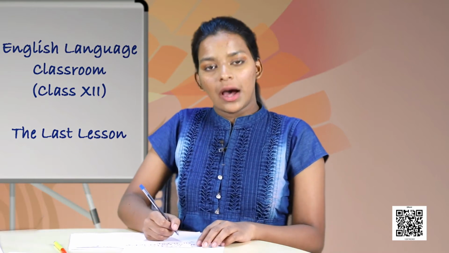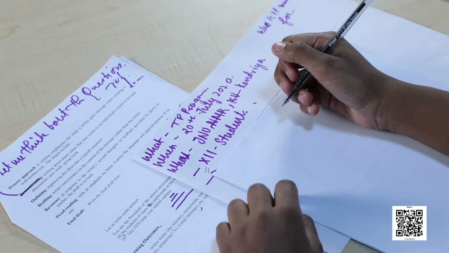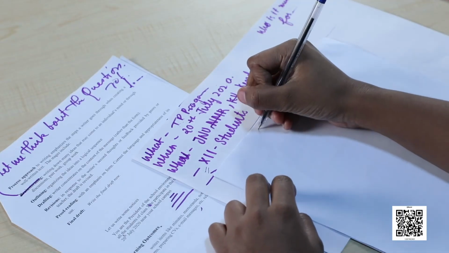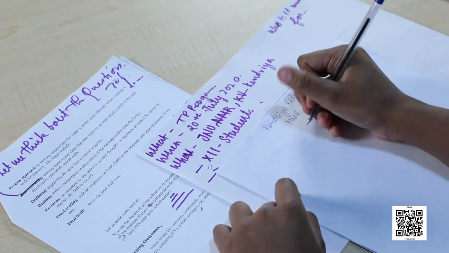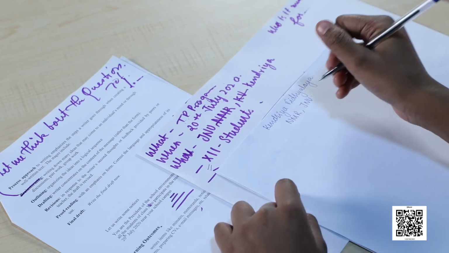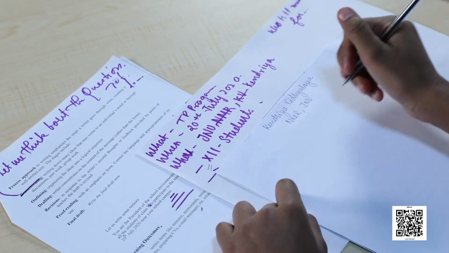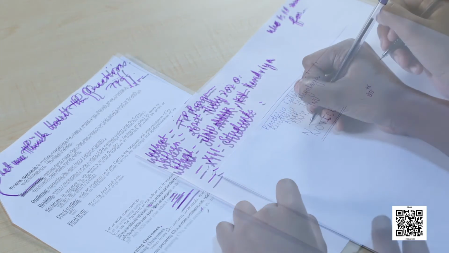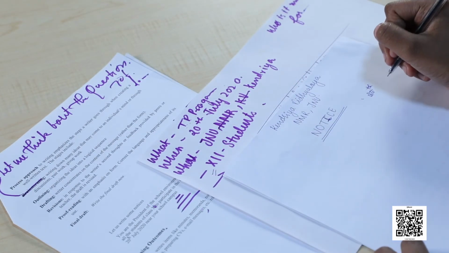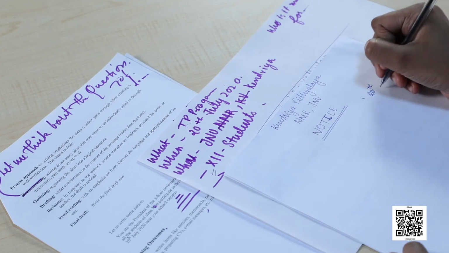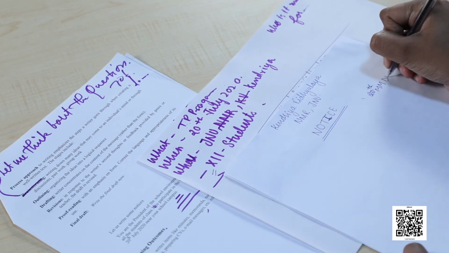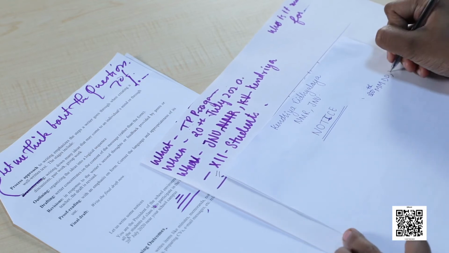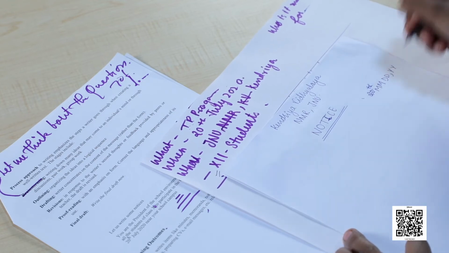So let me make an outline of it. First I'll write my school's name. Now I'll write notice in bold and in capital letters and I'll underline it. Now we'll write the date of giving the notice. First comes the month, then the day and the year with a comma.